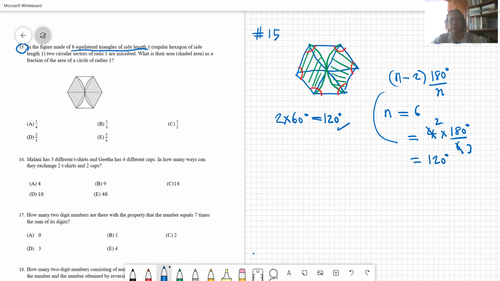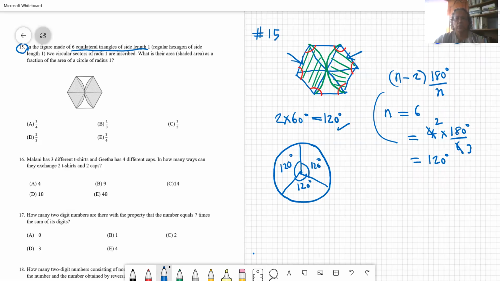So it's correct. Now this circle of radius 1 can be divided into 3 equal sectors, with the subtended angle at the center 120. And we have here 2 of them inscribed.